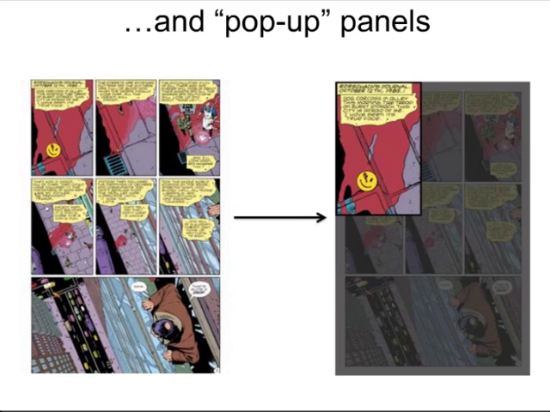And what KF8 supplies is a means of doing pop-up panels for comic books and very graphical novels like that, where you can flip through panel by panel and have it enlarged and highlighted and flip through the book. And again, this is all done via graphics and HTML and CSS. It's not a PDF or anything like that.